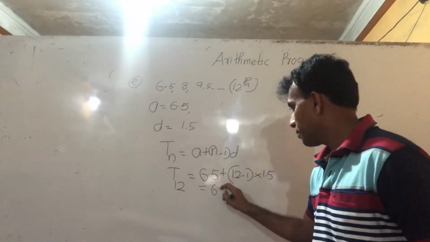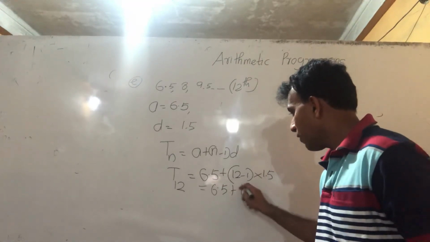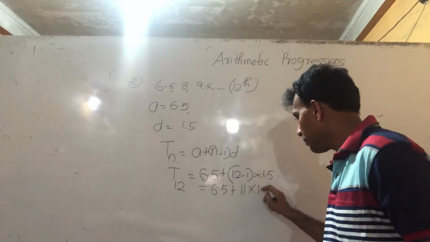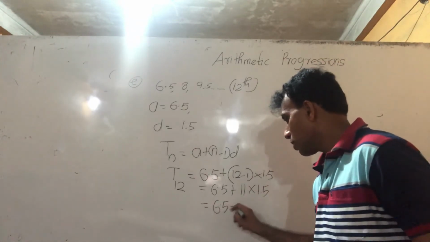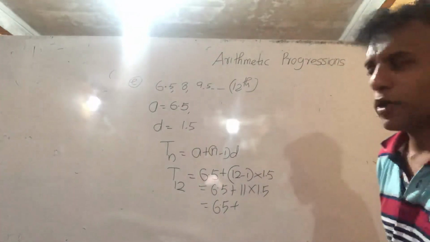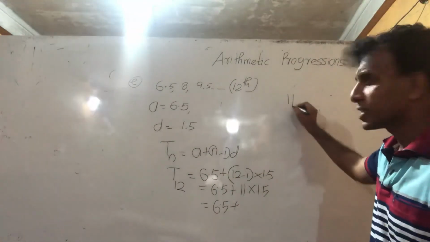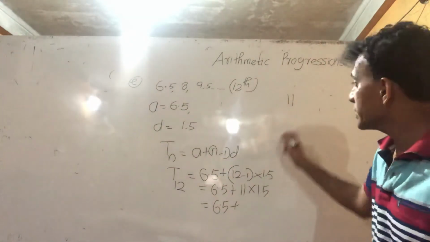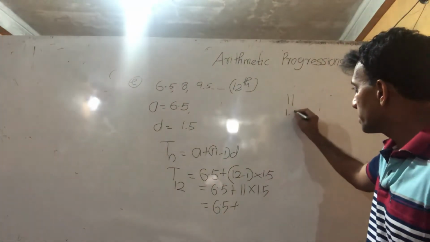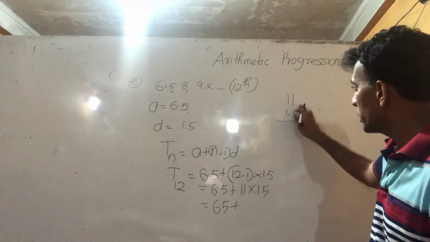6.5 plus 11 into 1.5. So 6.5. What is 11 times 1.5? Oh, somebody is still there in grade 10, grade 11 classes who doesn't know how to multiply decimals. Like this.